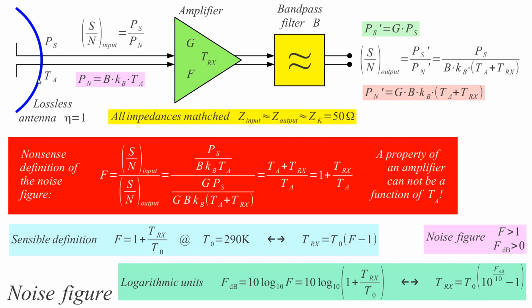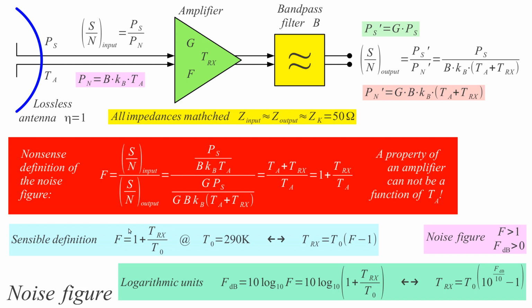The other possible application for this calculation of noise was microwave point-to-point links, and with microwave point-to-point links the antenna is pointed into the next mountain with the next repeater station. And since this antenna is pointed into the ground, its antenna temperature is again very close to the reference temperature, 290 Kelvin.